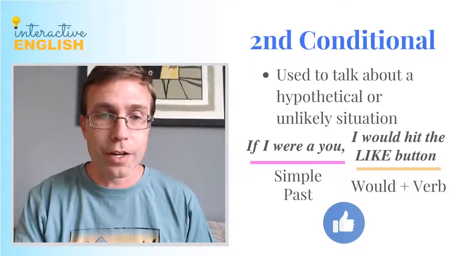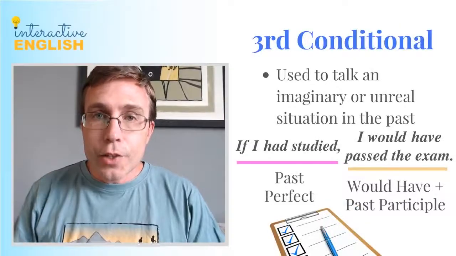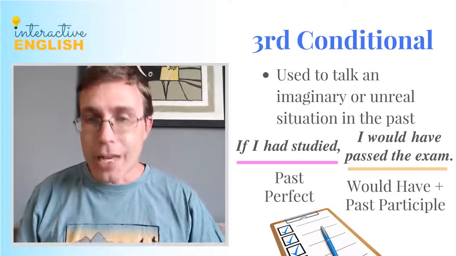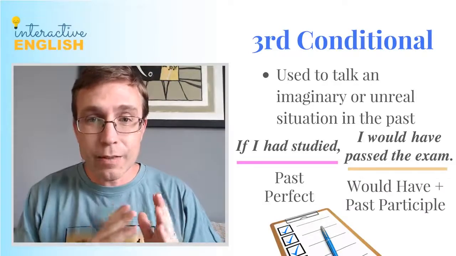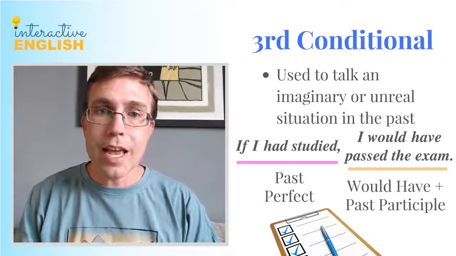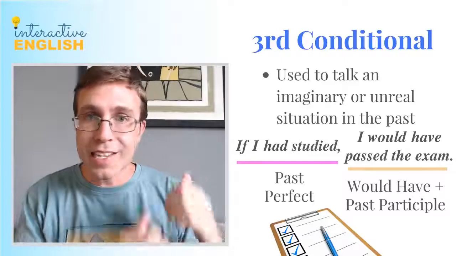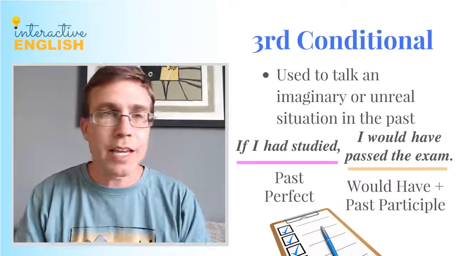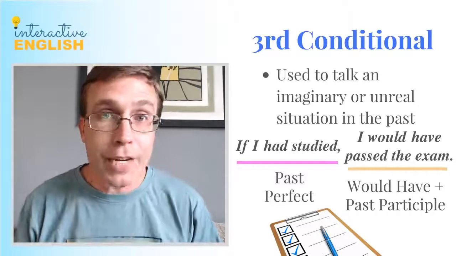Second conditional. Now, let's look at the third conditional. It's used to talk about an imaginary or unreal situation in the past, okay? You should know, okay, with the third conditional, both the condition and the result, both of these things, they happen in the past. It's in the past, and that's why you say it's imaginary, it's unreal, it's not possible, because we can't change the past.